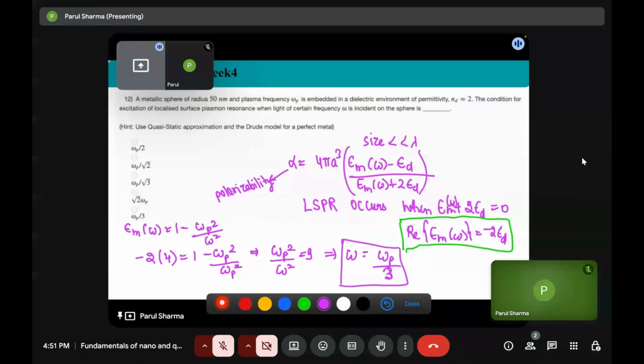This is the frequency in terms of the plasma frequency where the LSP resonates. So the correct answer is the last option.